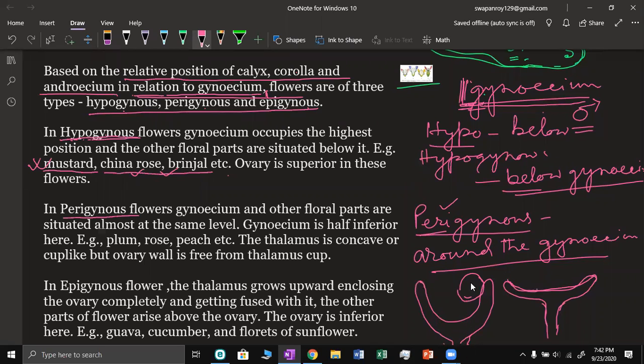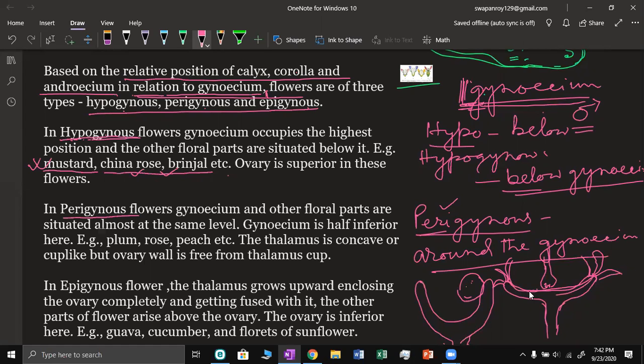So the ovary is here and the other floral parts, the androecium, corolla, calyx, are present at the rim of the thalamus.